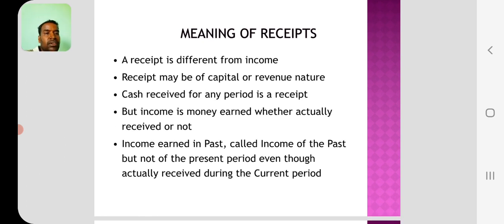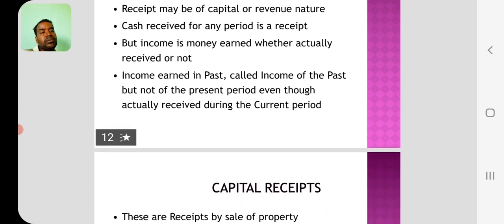Cash received irrespective of years is called a receipt. But income is money earned whether actually received or not. Income earned in the past is called income of the past, but not of the present period, even though actually received during the current period.